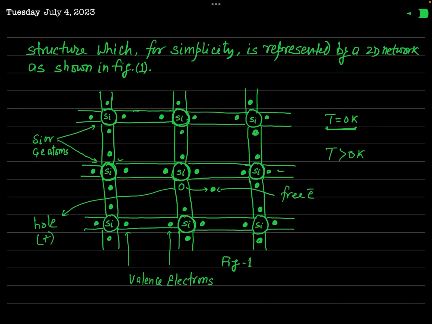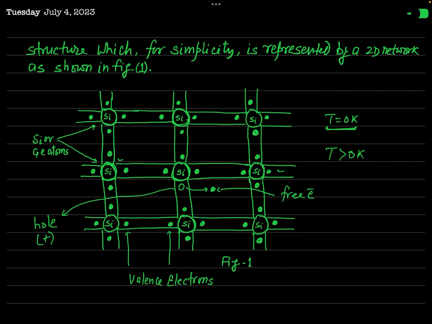So in this way, due to thermal agitation, some of the covalent bonds are broken. According to quantum mechanics, it is possible. But according to classical physics, all the bonds should break simultaneously.